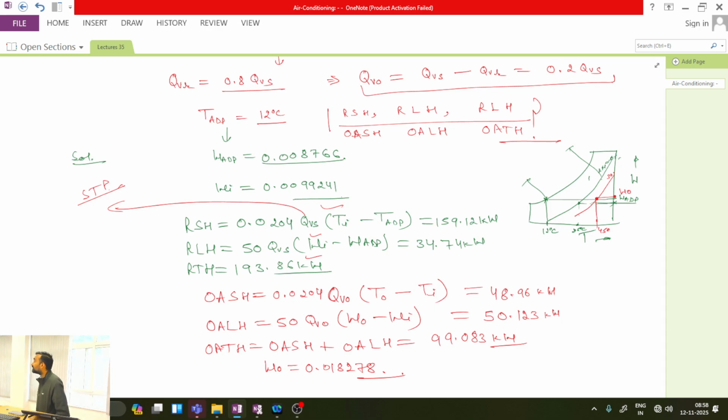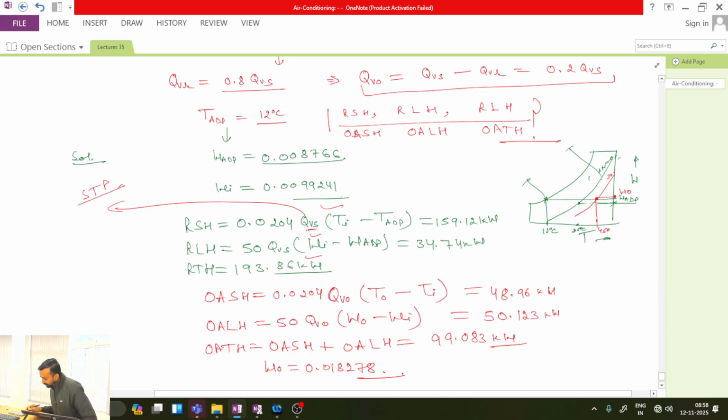But for outside air, the volume of air I am circulating is not at STP. What are the STP conditions? 1 bar, 25 degrees Celsius and 50% RH. So when I apply this formula for room sensible heat factor, it is at STP condition only. My volumetric flow rate is at STP only.